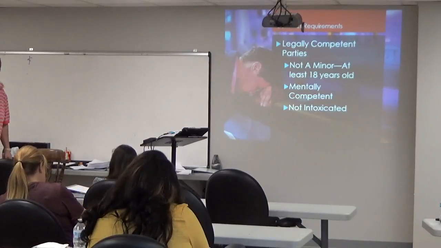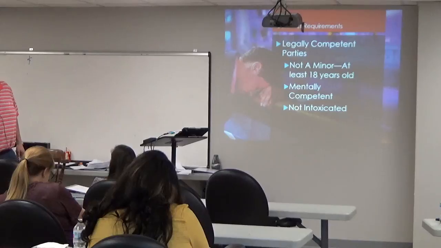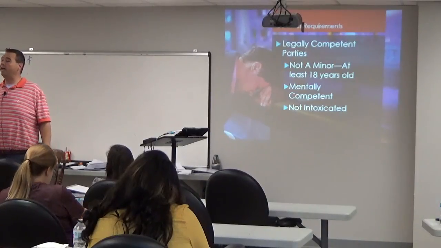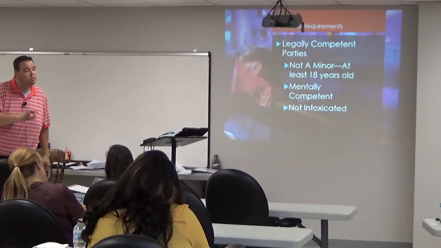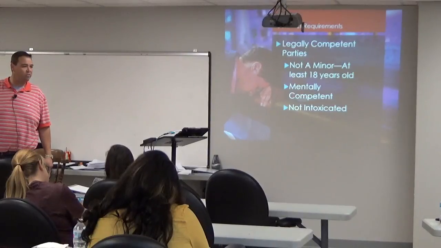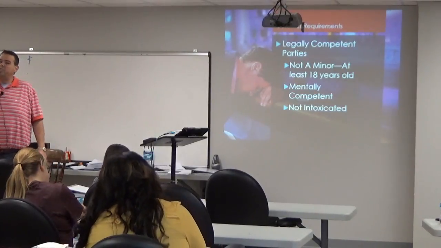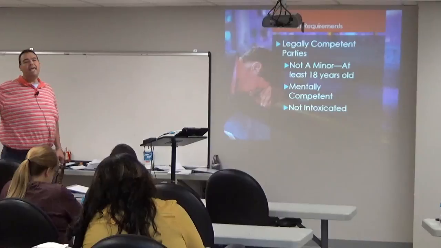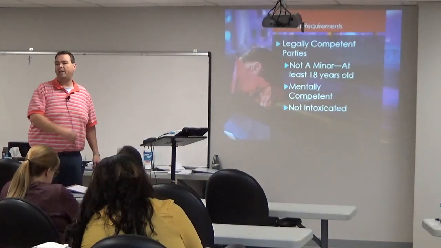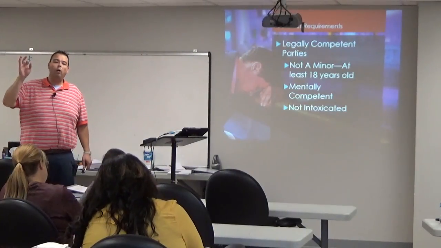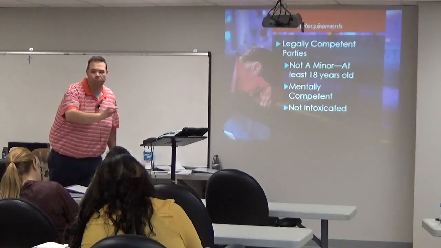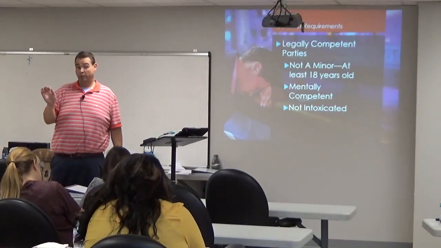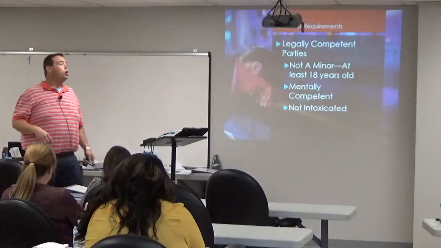Can they be held responsible if they sign a contract to purchase a house and then they change their mind? No, because that contract is not going to be enforceable against that minor. Does that make sense for you guys? That's what this chapter is all about. It's not about can they do something. Of course they can. It's a free country. It's about would a court make them do it. Are you with me on the distinction there?